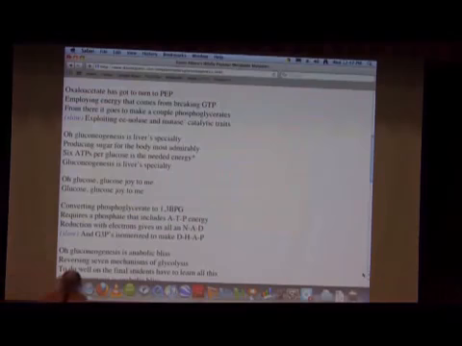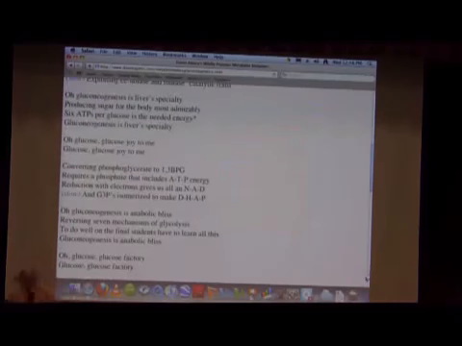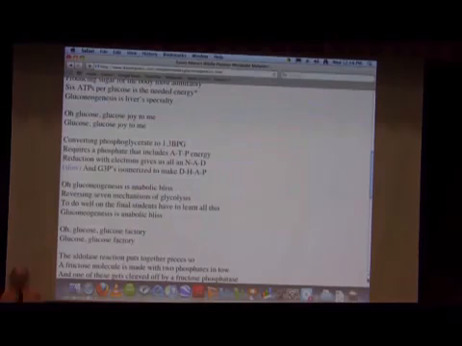From there it goes to make a couple phosphoglycerates, exploiting enolase and mutase catalytic traits. Oh, gluconeogenesis is liver specialty, producing sugar for the body most admirably. 6 ATPs per glucose is the needed energy. Converting phosphoglycerate to 1,3-BPG requires a phosphate that includes ATP energy. Reduction with electrons gives us all an NAD. G3P is isomerized to make DHAP.